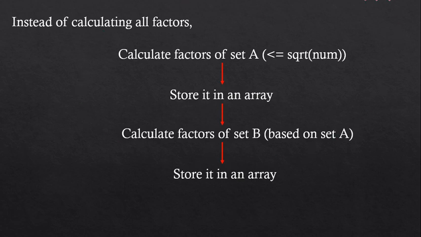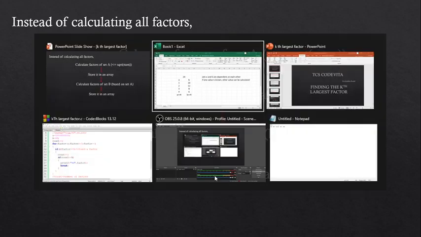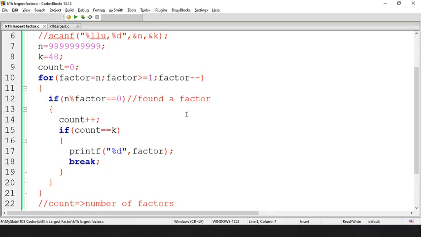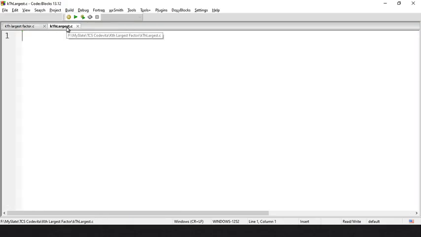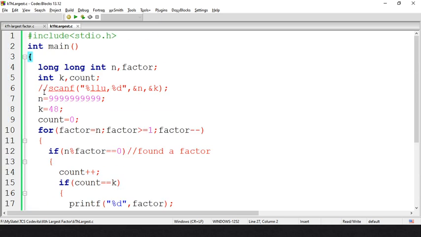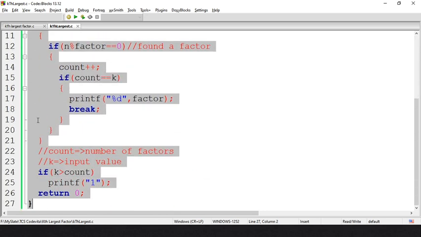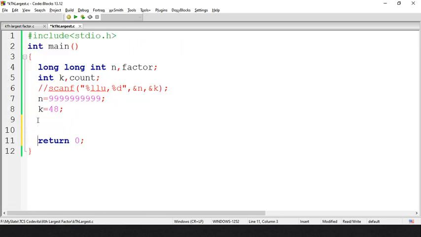Now we are going to implement this technique, dividing them into two sets. Okay, let's start coding now. Yes, so let all the values remain. Okay, so this is the base. N value is already known. K value is 48.